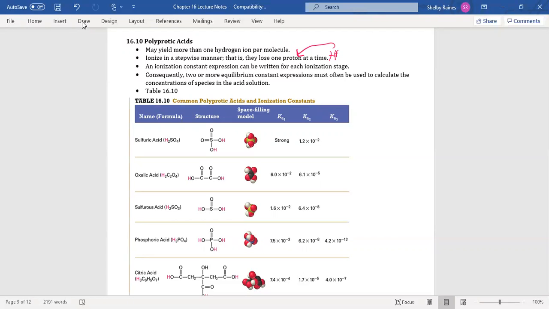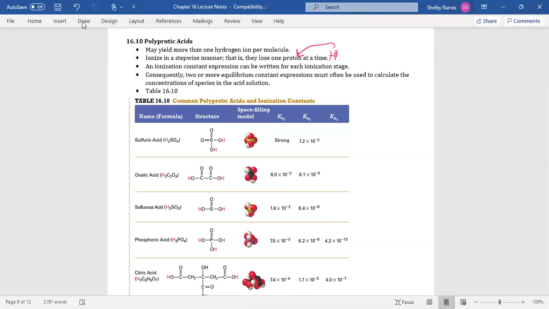Consequently, two or more equilibrium constant expressions must often be used to calculate the concentration of species in the acid solution. So you can find the Ka table for your polyprotic acids in your textbook. It is table 16.10.